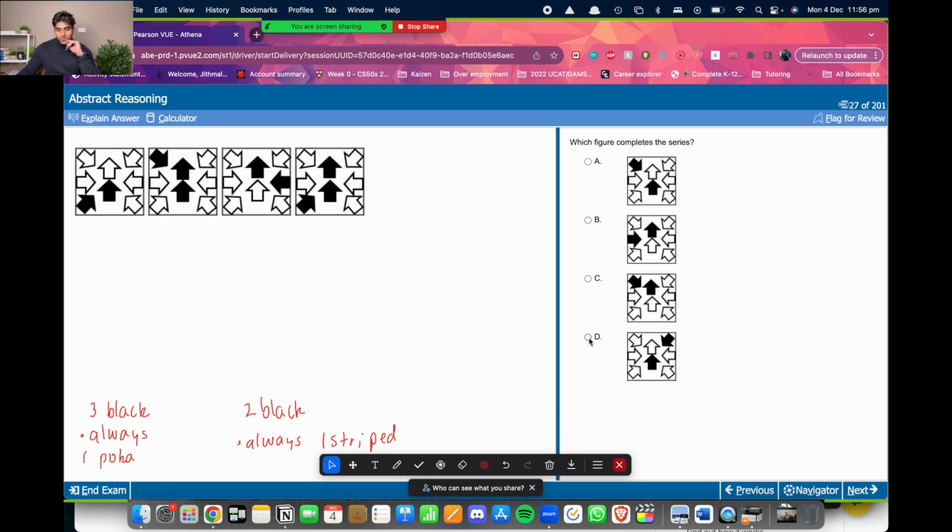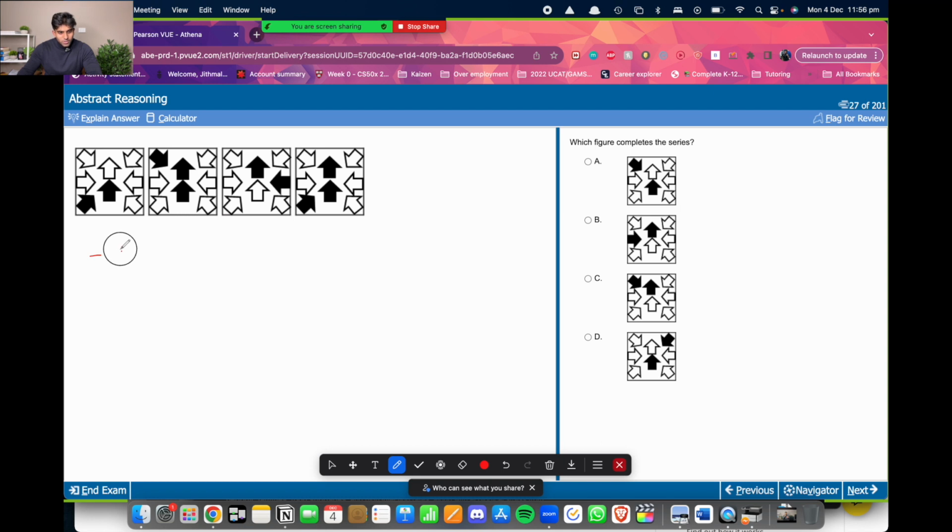Okay. Let's see. All right. So if you look at this sequence, I always look for some sort of movement, and I can see that there's an arrangement here. So I can tell that the arrow here is moving 2 spaces anti-clockwise. So let me get rid of this old working out.